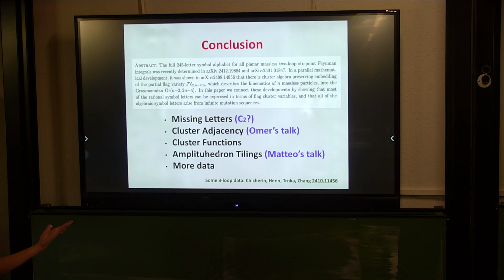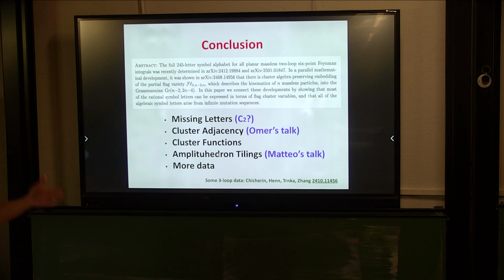So we've explored the connection between the 245 symbol alphabet letters in planar massless two-loop six-point integrals, which was recently computed in December and January, and flag cluster algebras, on which there is important work by Lara and Jianrong.